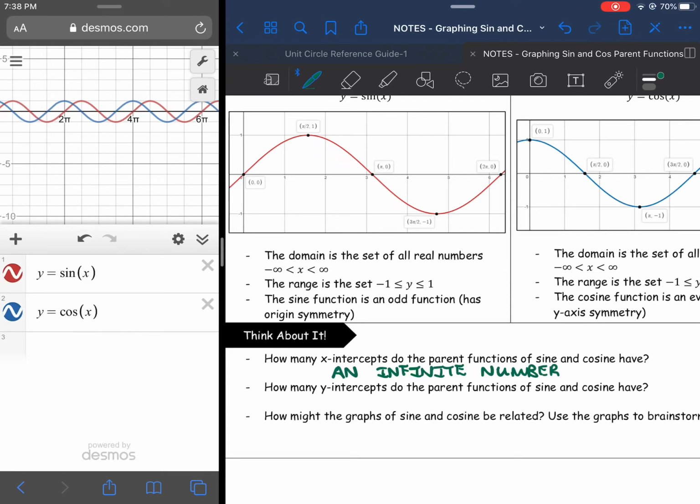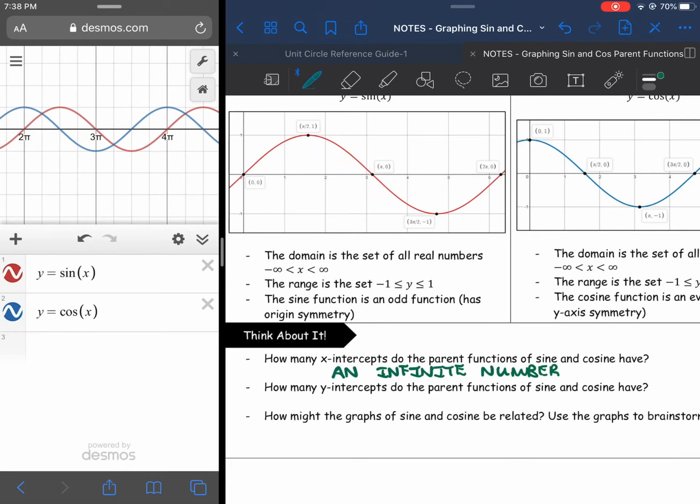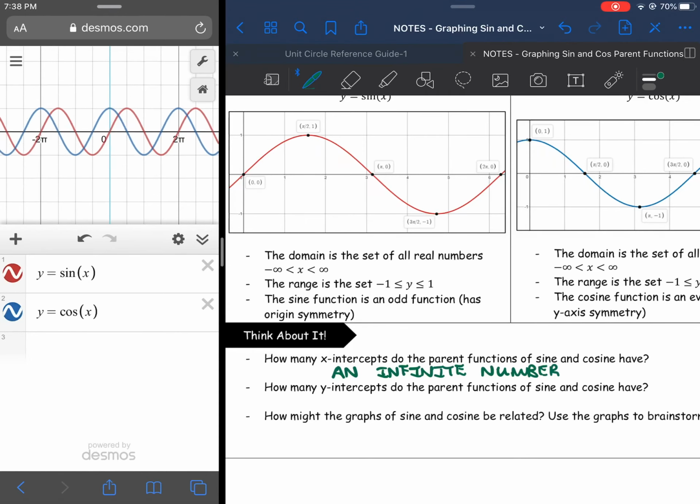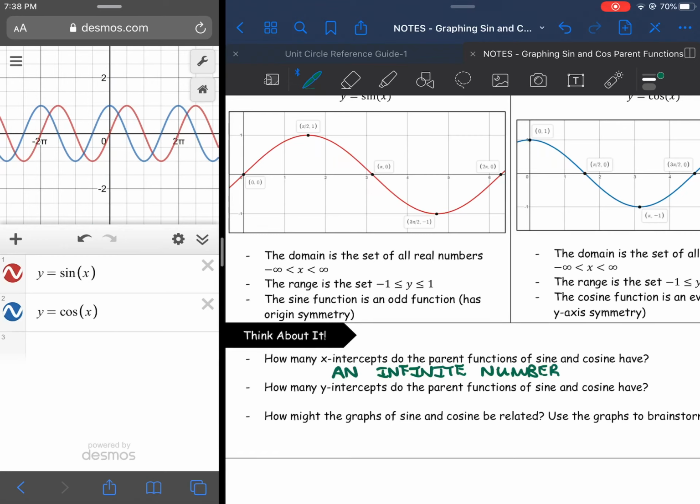Well, if we have an infinite number of x-intercepts, what about the y-intercepts? Again, if we look at our parent functions here on Desmos, we can see that for the cosine of theta, the y-intercept is at (0, 1), and for the sine of theta, or the sine of x, the y-intercept is at (0, 0). And notice that since a y-intercept is the place where a function passes through the y-axis, cosine and sine each only have one y-intercept.